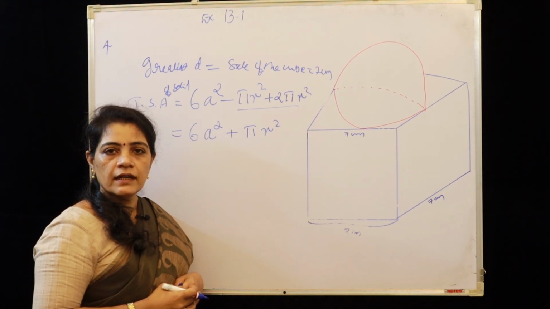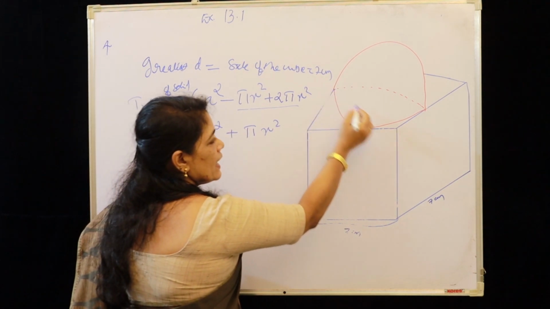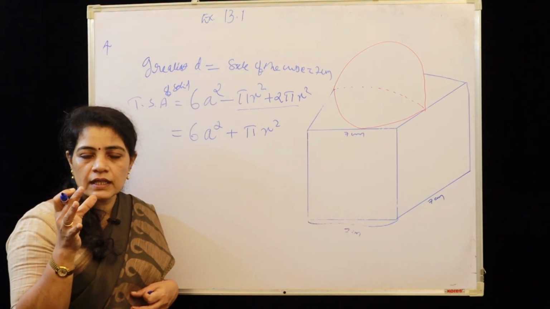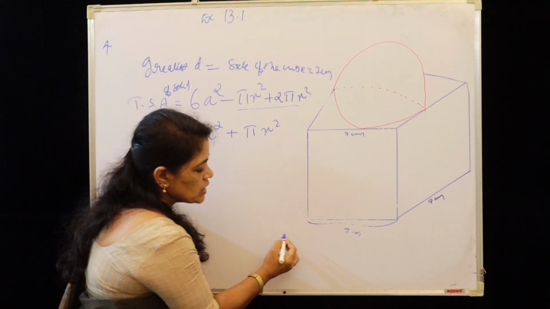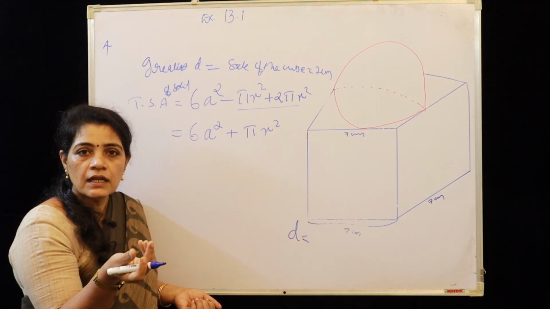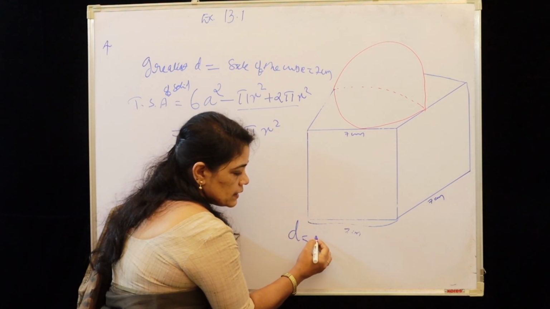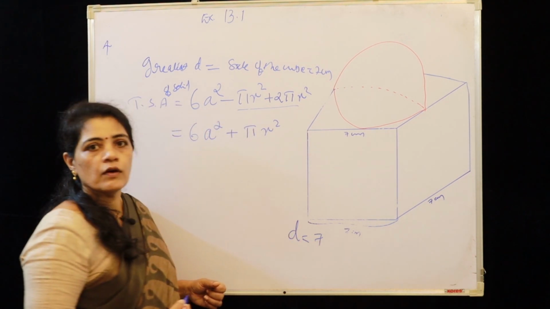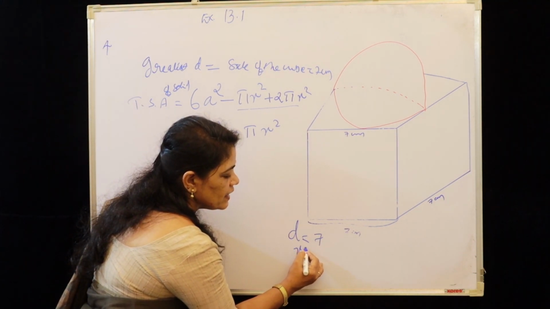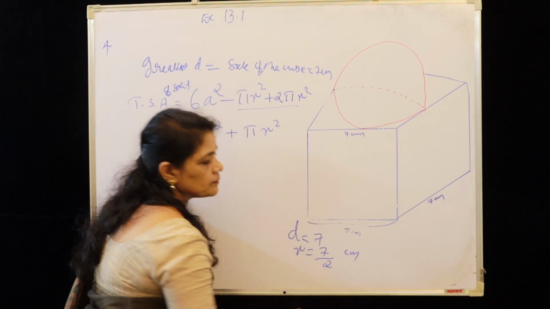Now we can substitute the values. Hope this is clear, children. Yes. Here we have the diameter of the hemisphere. We have seen that the greatest diameter that the hemisphere can have is equal to the side of the cube, that is 7 centimeter, and from this you can easily calculate the radius, that is 7 by 2 centimeter.